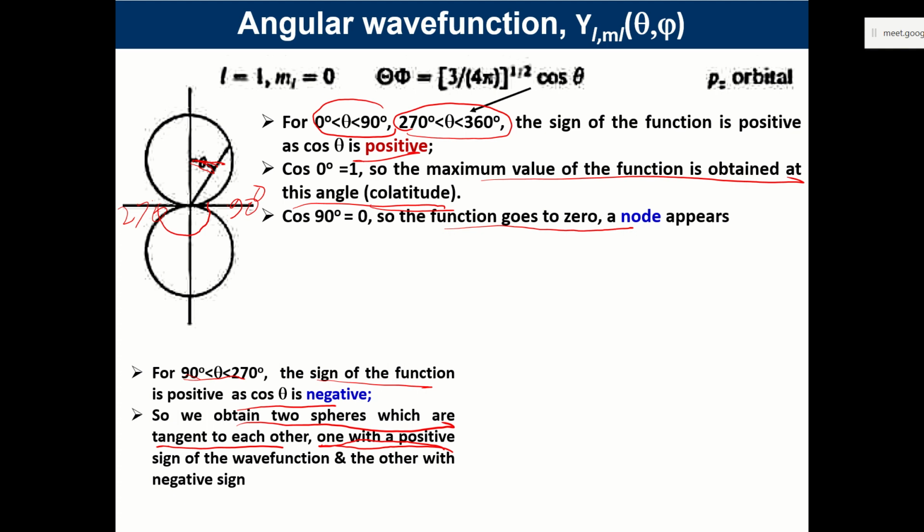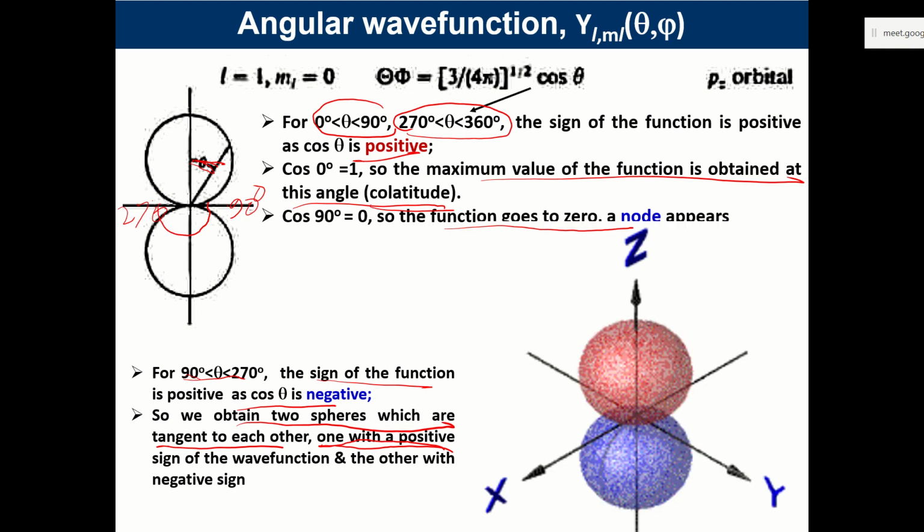So it will generate a sphere, and you have a positive sign on one part, the upper half, and the other half is negative. So in the color coding, red is positive and this one is negative. In this coordinate system, the upper side has the wave function with a positive sign, and the lower side has the wave function with a negative sign.